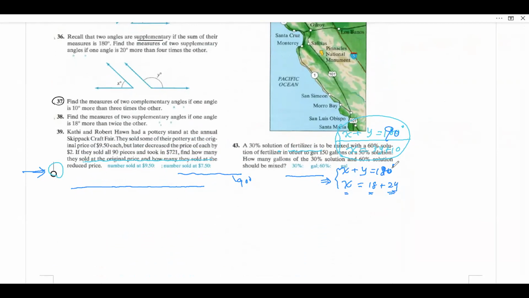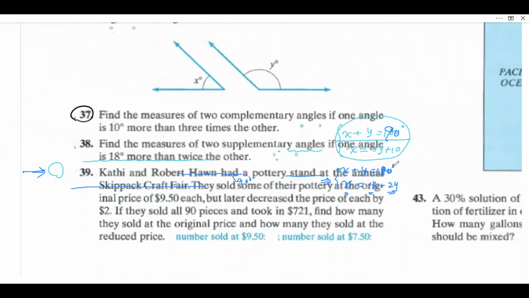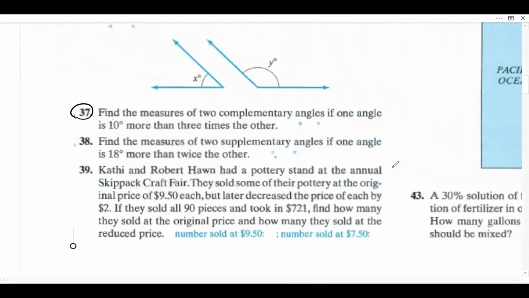All right, let's see 39. There are 2 persons here, right? One is Kathy, the other one is Robert. They have a pottery stand at the annual fair.